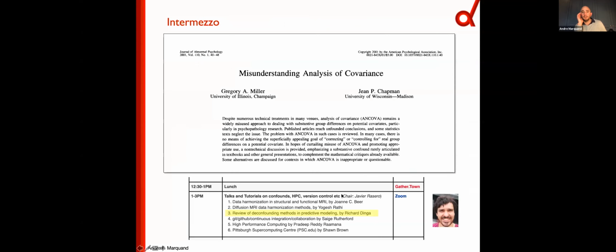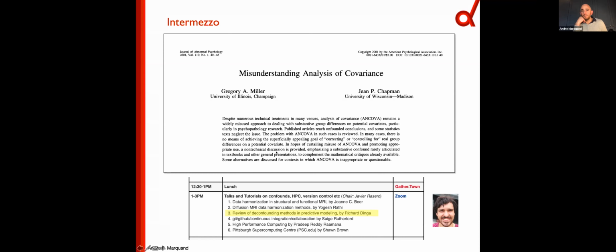I would like to pause for a second here and recommend to anyone that hasn't read this paper. This is really a classic paper. It's like 20 years old, but it describes some important caveats about deconfounding, regressing, dummy variable regression, and so on.